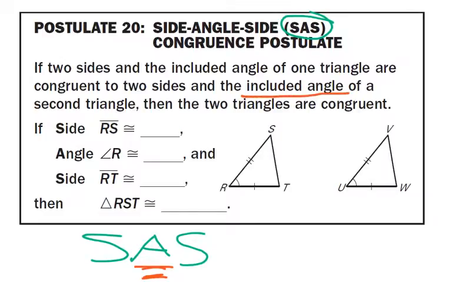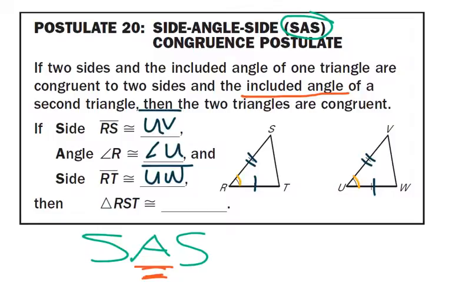So for our picture here, if we have segment RS congruent to segment UV, angle R congruent to angle U, and side RT congruent to segment UW, that's 2 pairs of congruent sides, and the angles in between them are congruent.